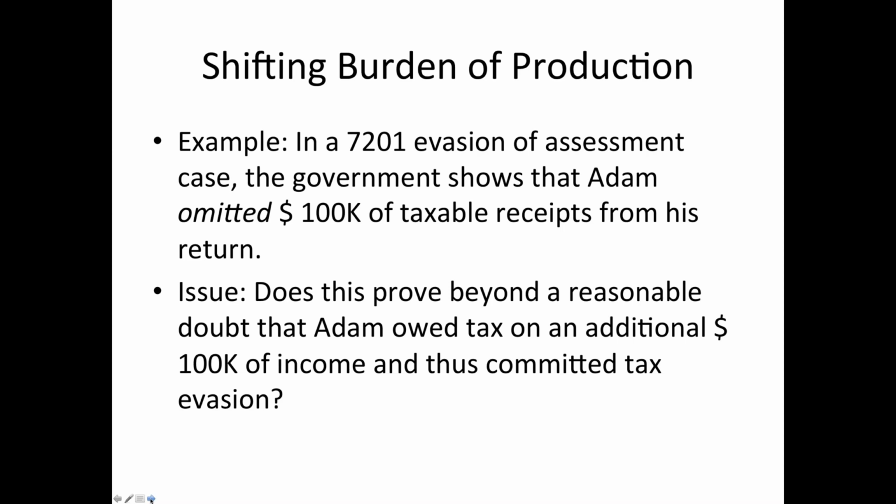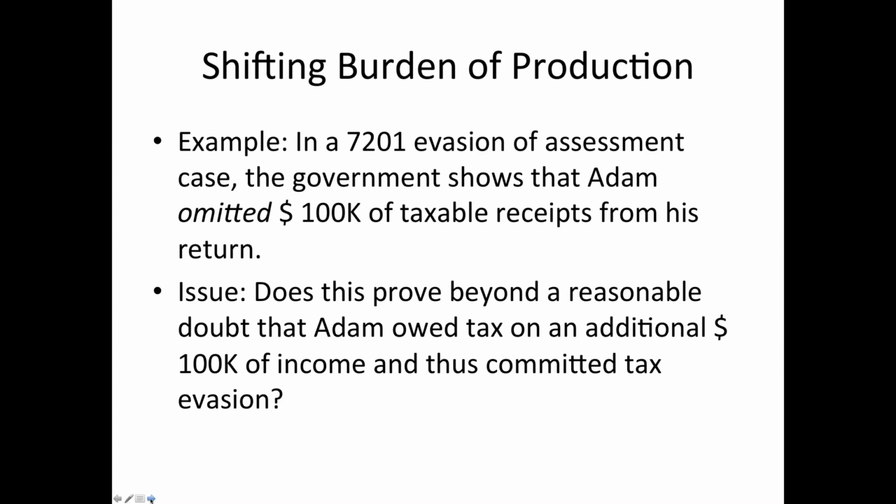So we have a situation where the alleged defendant in a case underreported $100,000 of gross income. And so the issue is whether this proves beyond a reasonable doubt that Adam owed tax on an additional $100,000 of income and thus committed tax evasion.